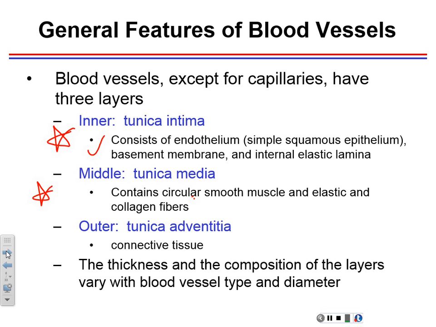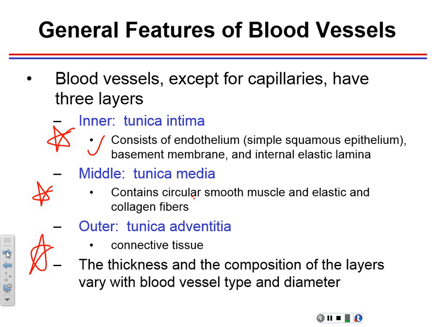All right? And then the tunica adventitia, of course, is going to be the connective tissue on the outside. Okay? So the thickness and the composition of the layers vary with the blood vessels. The veins have a little bit more of that connective tissue, right?